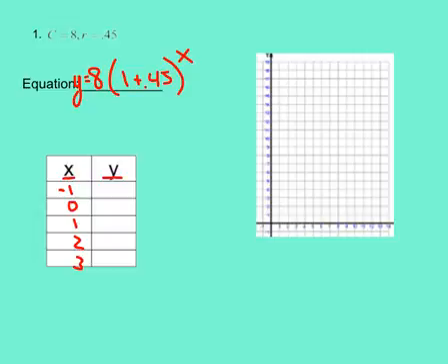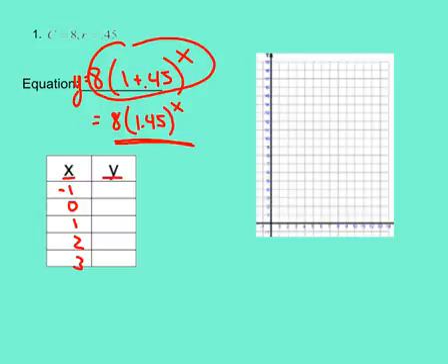What are we raising the 1.45 to? We are raising it to negative 1 first. Right? Now remember, I get 1.45 by doing 1 plus 0.45. You should have the math skills to know that this is probably a better thing to enter into our calculator than this. Now, negative 1 is supposed to be 5.5.